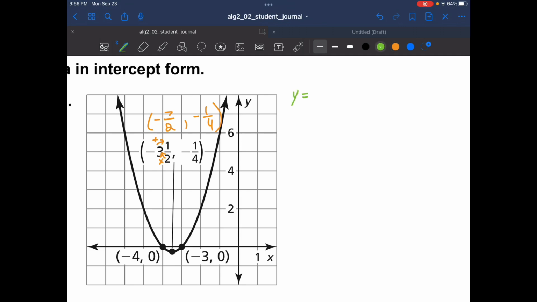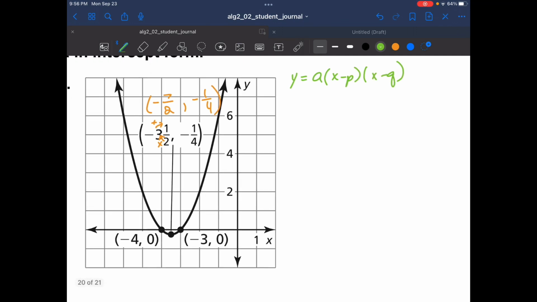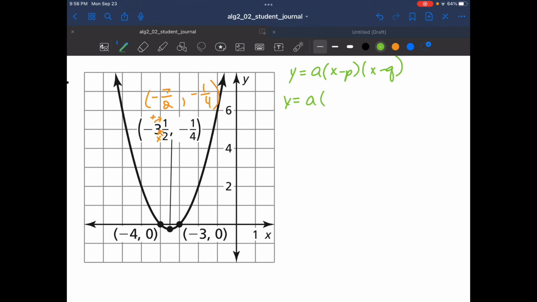So remember that we have y equals a(x - p)(x - q). So we have y equals a(x - negative 4) times (x - negative 3). Okay, so this is going to be y equals a(x + 4)(x + 3).